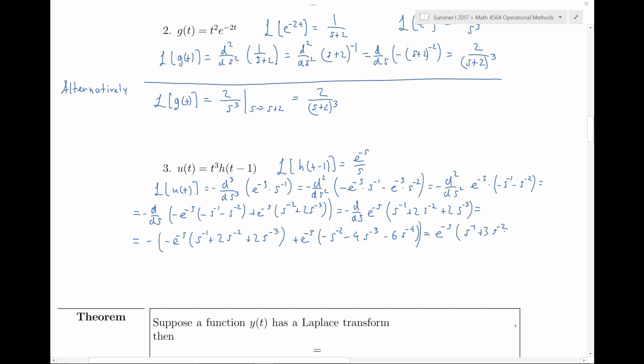S to the negative 3 appears 2 times and 4 times, and s to the negative 4 appears 6 times. Okay, so this is one way of doing that. I'm going to erase the second line and move things a little bit up so that I have space to do it the other way.